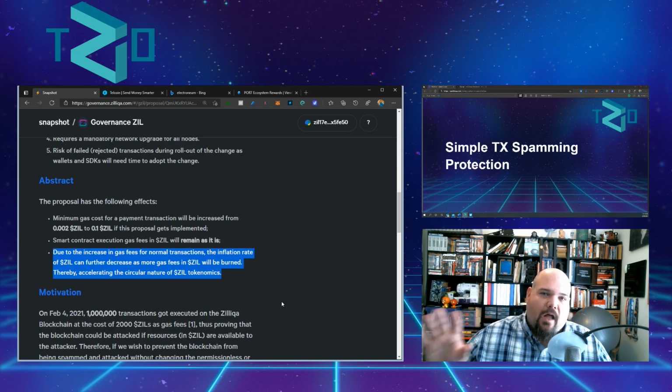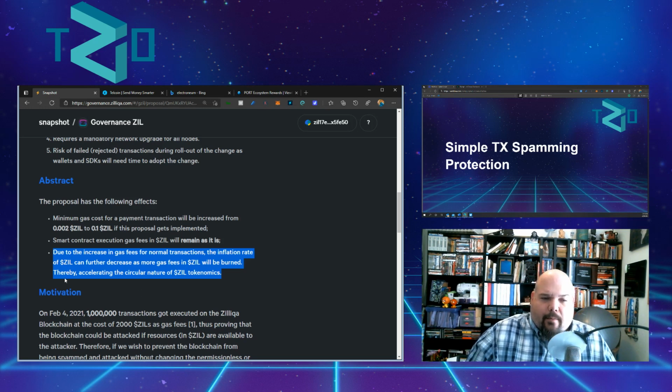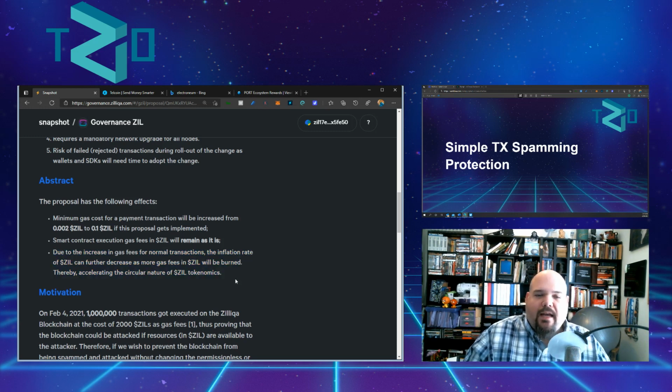What's burnt gets locked away and is the pool, if you will, for future staking rewards and for future things like that once the initial supplies have all run out. That's my current understanding. So the last part of that bullet point is, thereby this accelerates the circular nature of ZIL tokenomics. I don't have an issue with any of this, right?